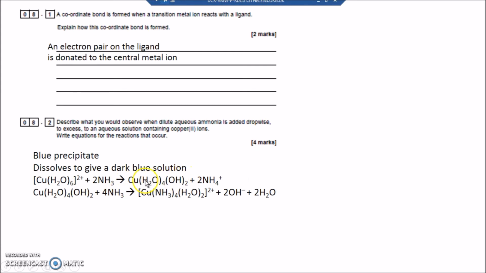Then what happens is that this reacts with more ammonia, and 4 of the ammonias react and form 4 amine ligands, NH3, 4 of them, and that replaces both the OHs and 2 of the waters. Ammonia has no charge, water has no charge, and therefore it's got its 2 plus charge left over. The OHs form OH minuses, and you get 2 waters.